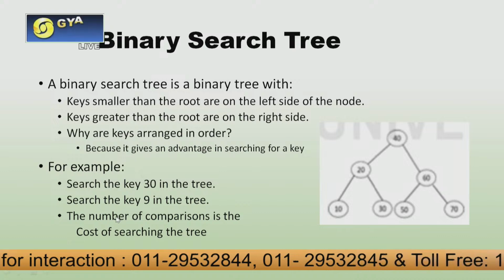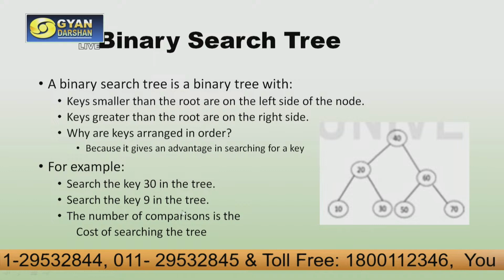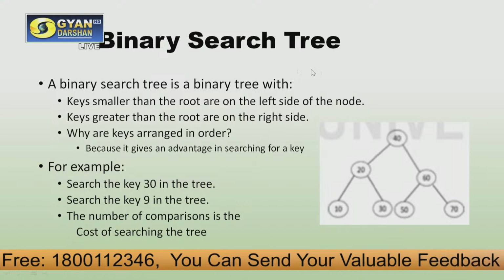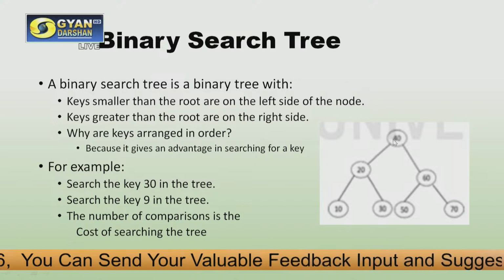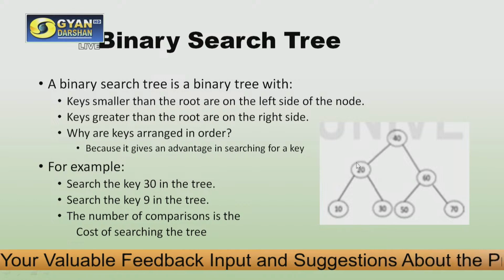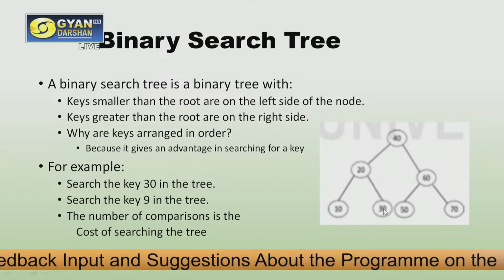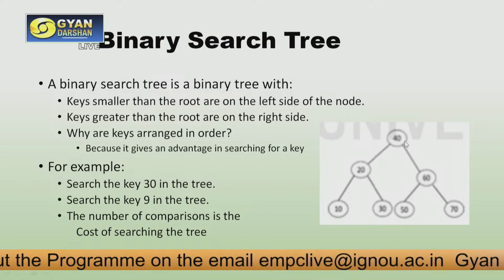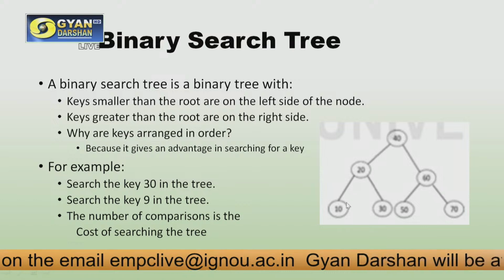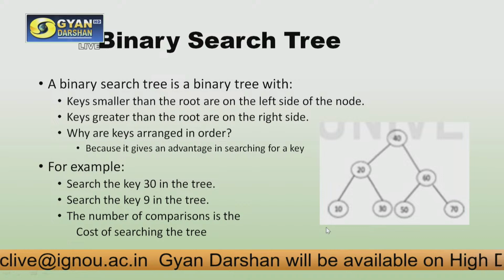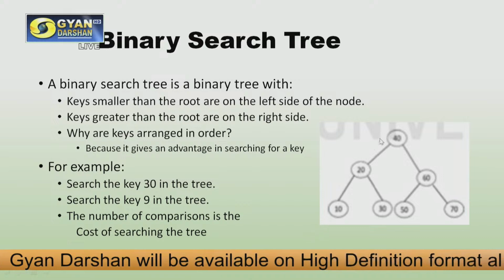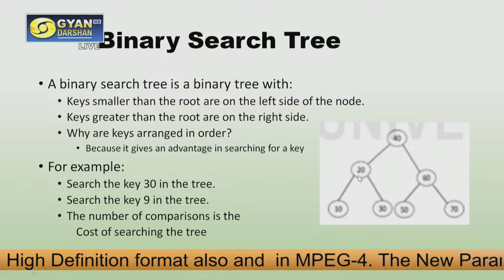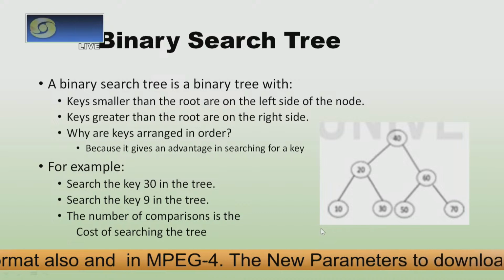Now, the interesting part about this tree is that the number of comparisons is the cost of searching the tree. So the cost of searching in this tree: one comparison I'll make here, another comparison here, and a third comparison at this point. And in the case of failure, one comparison here, another here, and another here, plus, since there is no further subtree, we might include that as cost too, because then you have to report the failure.